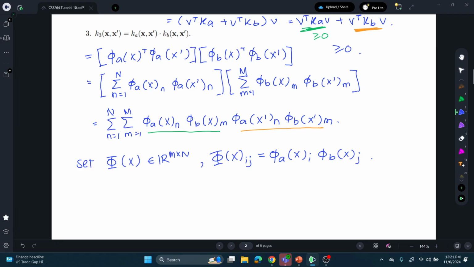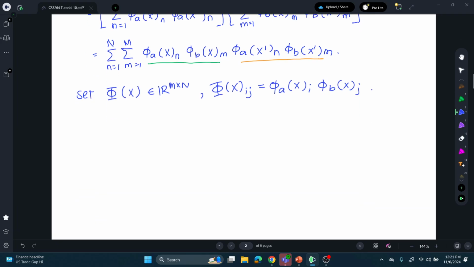So I construct a 2D matrix by multiplying the ith element of phi a with the jth element of phi b. That's my ijth entry of the 2D matrix. Okay? Questions on this? I think this should be n times m, sorry. Yeah, it's more like it. Questions?